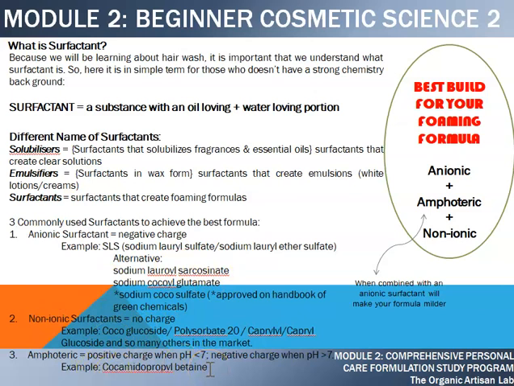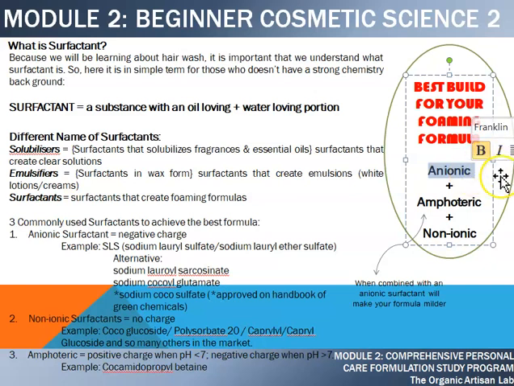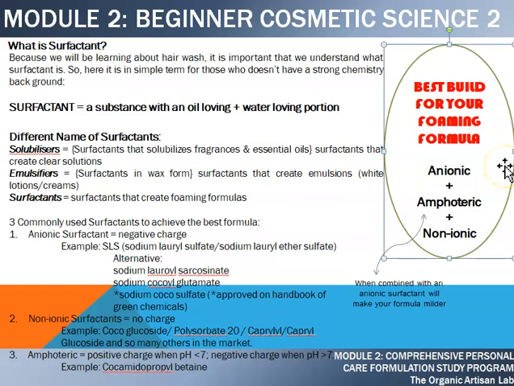This is very common in the industry, the cocamidopropyl betaine that we use in any mild formulations because it makes our anionic materials become less irritating. So with the addition of amphoteric surfactants, anionic surfactants become less irritating.